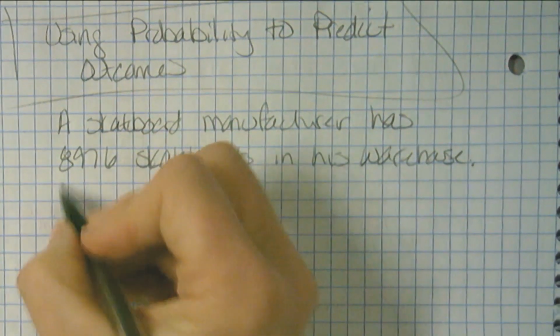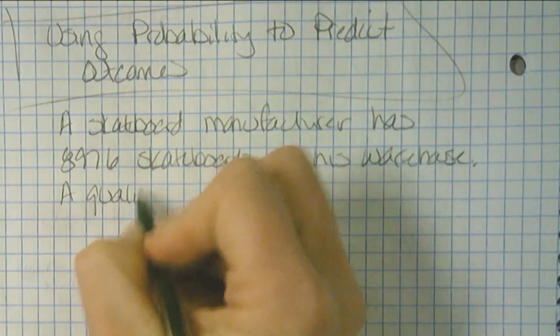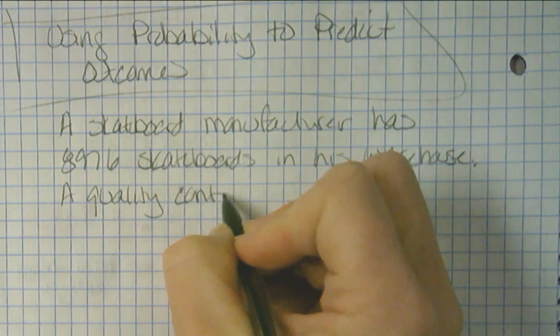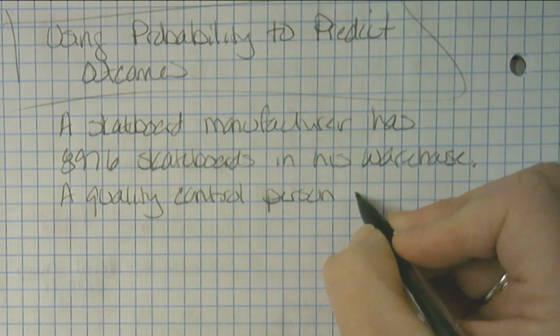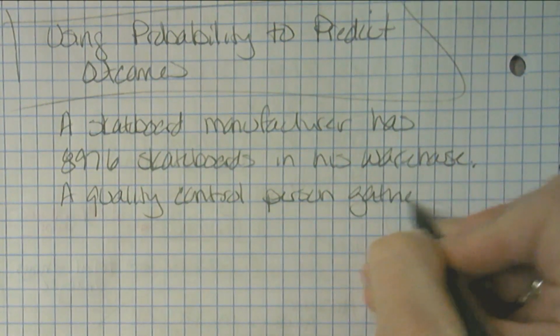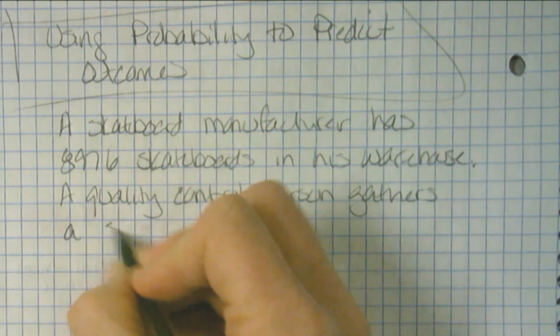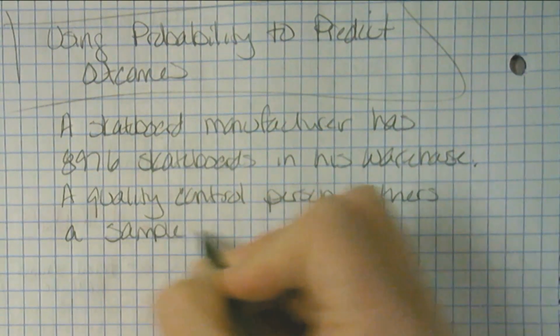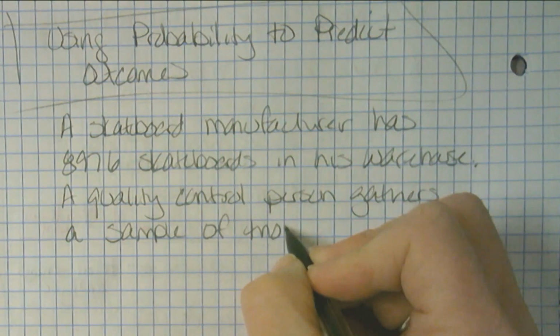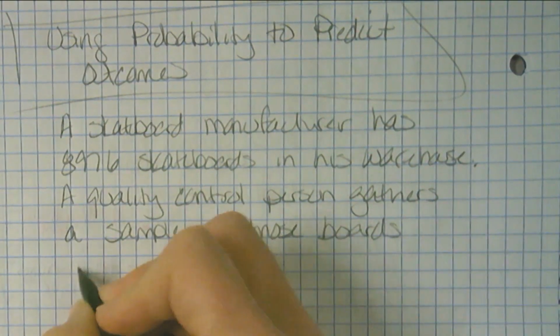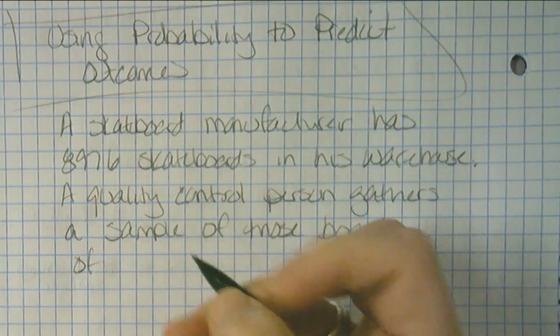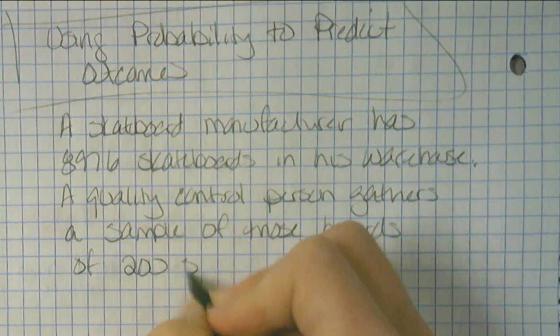All right, a quality control person gathers a sample of those boards of, let's say, 200 skateboards.